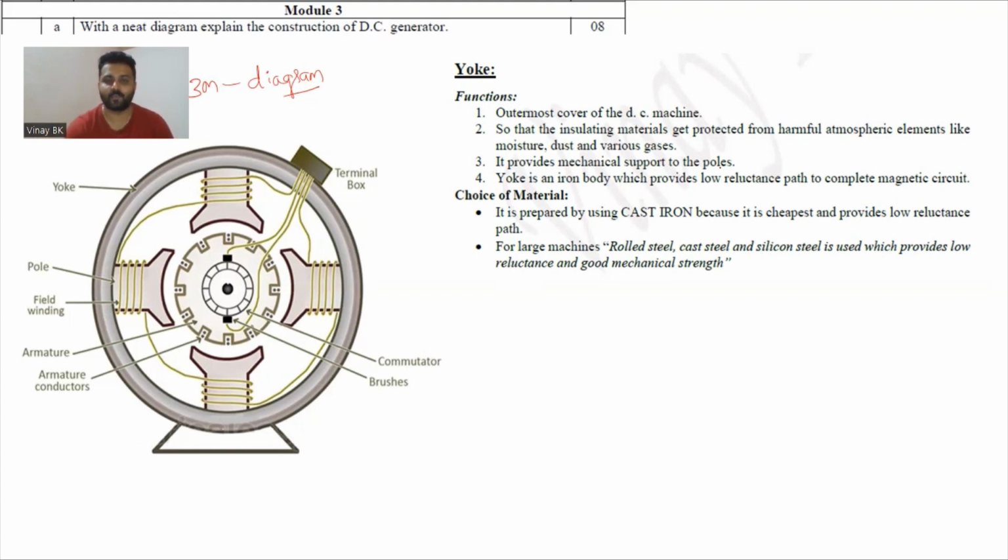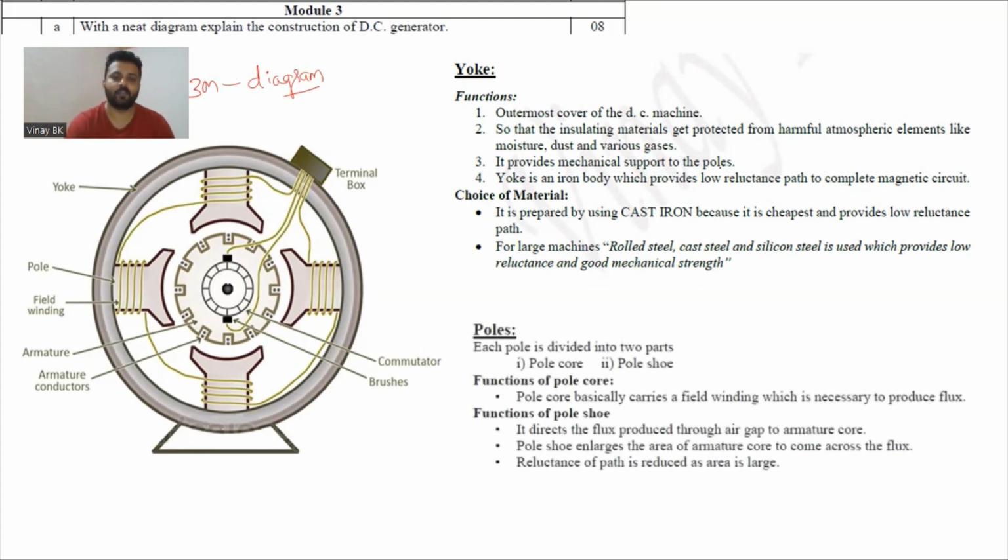So you need to write these points: outermost cover of the DC machine, it protects the insulating materials from moisture, dust, and various flue gases, and it provides mechanical support to the poles. Material: cast iron, rolled steel, cast steel, and silicon steel.